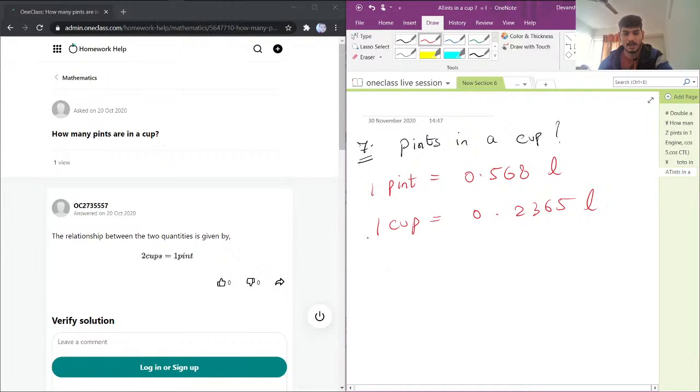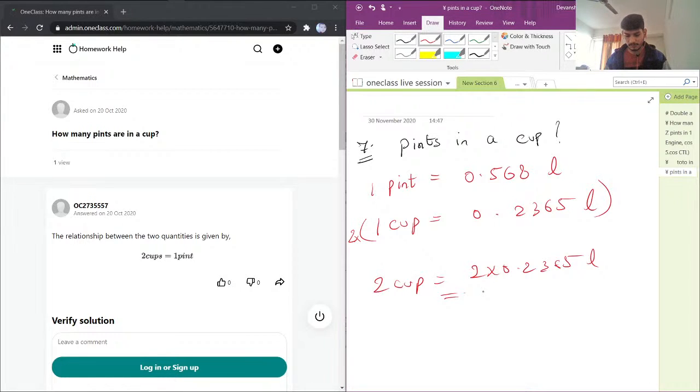If I multiply this with 2, then the volume of 2 cups will be twice 0.2365 liters, which is 2 times 0.2365, 0.473 liters.